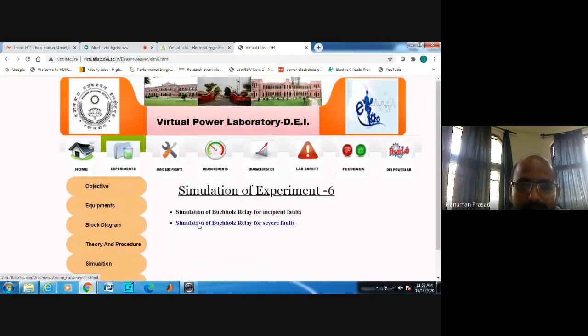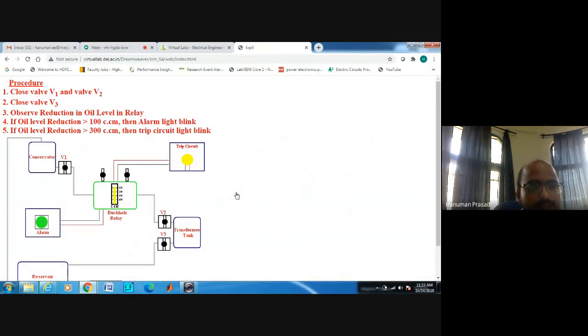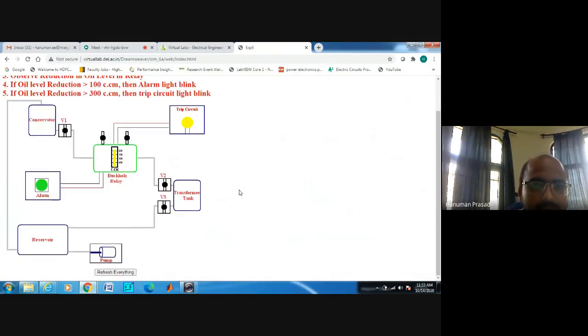Next point is simulations. Simulation of the Buchholz relay for severe faults. The Buchholz relay is used for oil filled transformers, and it is used for the protection of the transformers when a severe fault occurs inside the transformer tank due to overheating, short circuiting, or any internal fault.